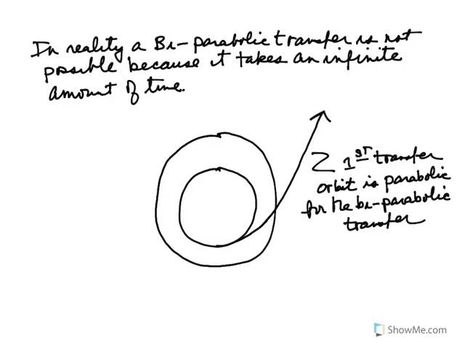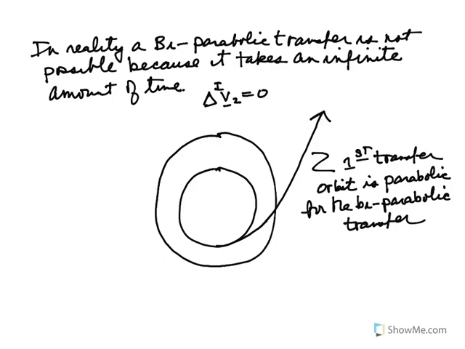Well, that takes an infinite amount of time because you're on a parabola, so you're going out to infinity. So somewhere out here at infinity, you're applying delta v2I equals 0. That's a fictitious delta v because you can't actually do it, because you can't wait an infinite amount of time to complete a transfer.